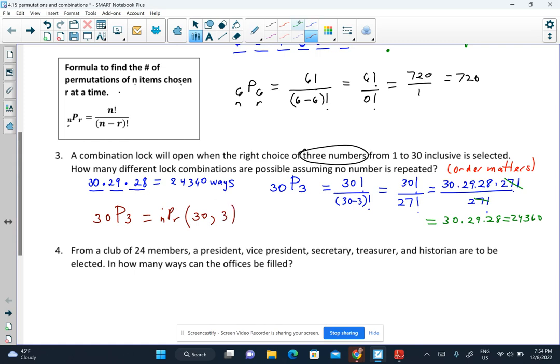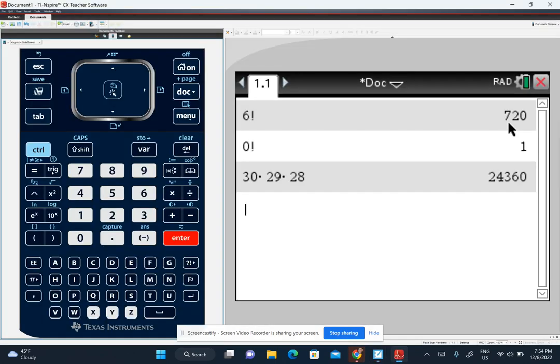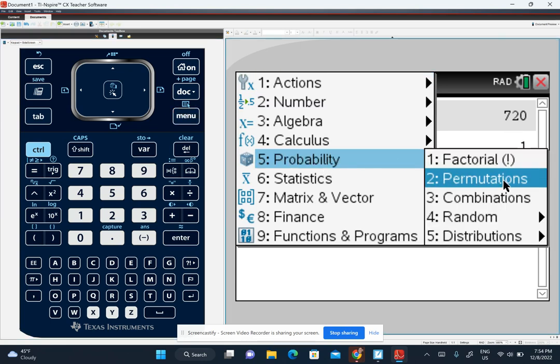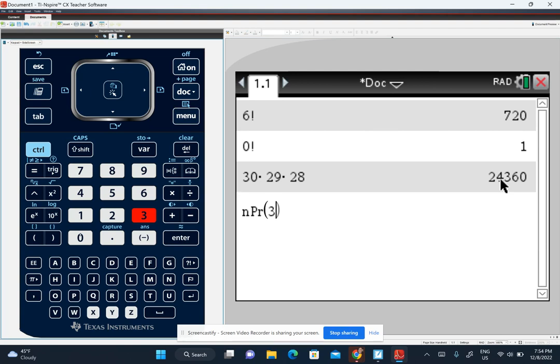The 30 represents the number of items we're choosing from, and this is how many we're selecting at a time. So we go into our graphing calculator. We're going to hit Menu, Probability, Permutations, and look at this, 30, comma, 3. And it gives us the same answer. That's a beautiful thing, this calculator.